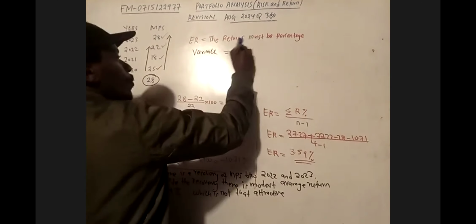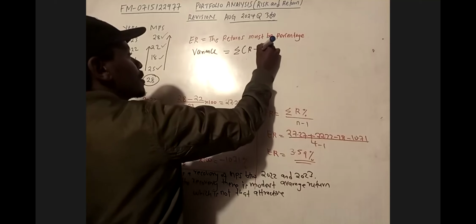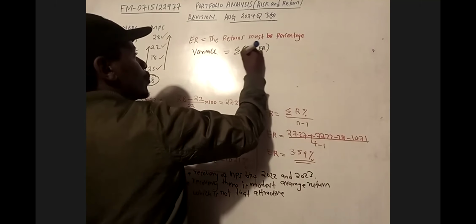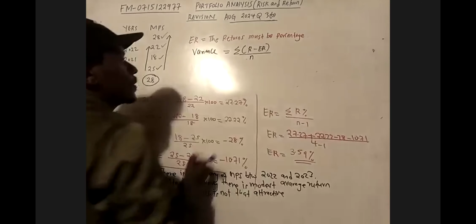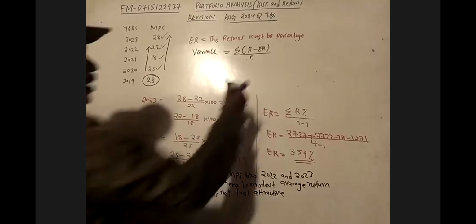It's the summation of return minus expected return, now you divide by n minus 1.